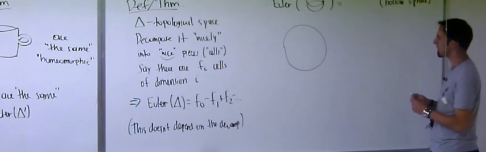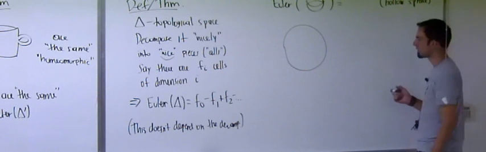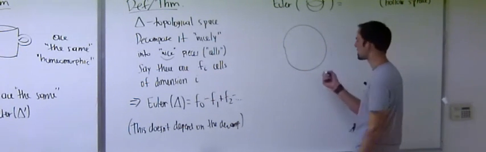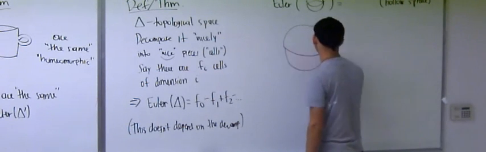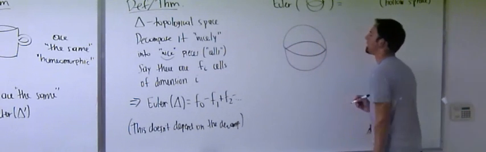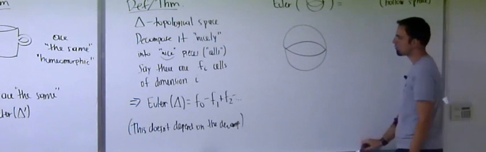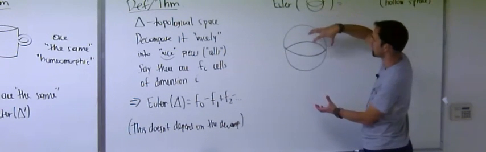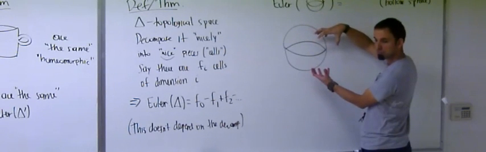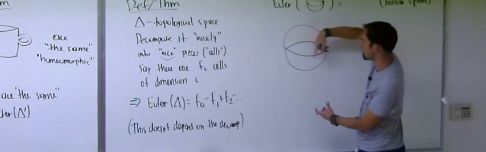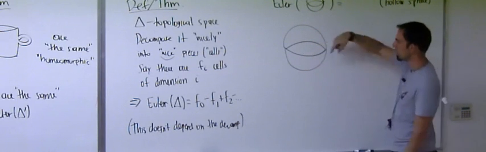What cut would you make if I forced you to make a cut? Cut it in half. Okay, and so now I have two pieces, the top cap and the bottom cap, and a third piece, which is the equator.